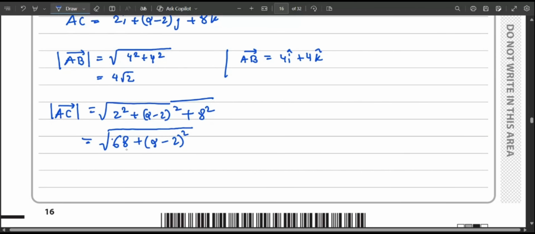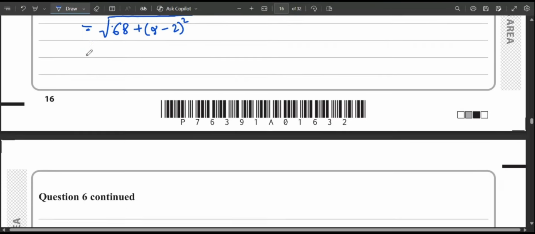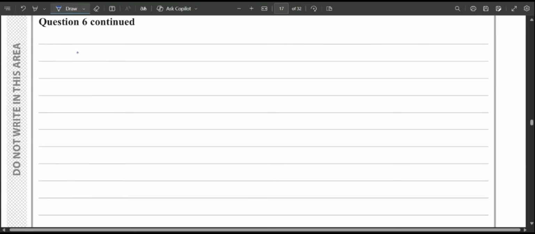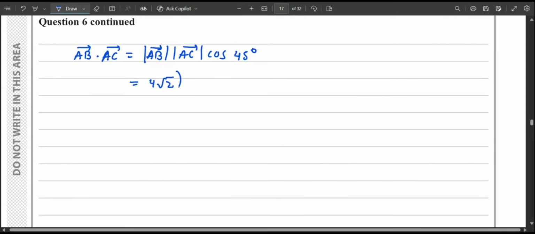So we now know the magnitude of AB, the magnitude of AC, and we also know the vector AC, so we can put this in our dot product. The dot product AB into AC is equal to the magnitude of AB into the magnitude of AC into cos of 45. On the right hand side, I can input all the values here: 4 root 2 into root over 68 plus alpha minus 2 whole square into cos 45, which is root 2 by 2.